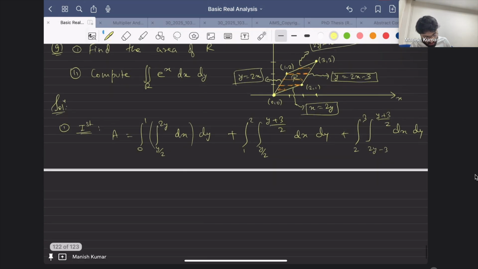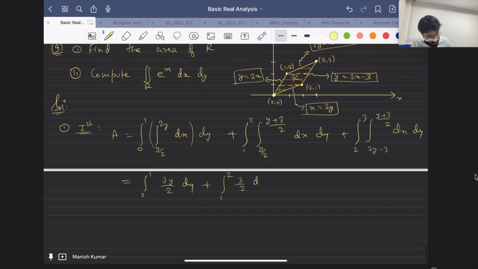So for 0 to 1, this would be 2y minus y by 2, which is 3y by 2, dy. What about the second one? Here y by 2 and y by 2 cancel, giving 3 by 2 dx.